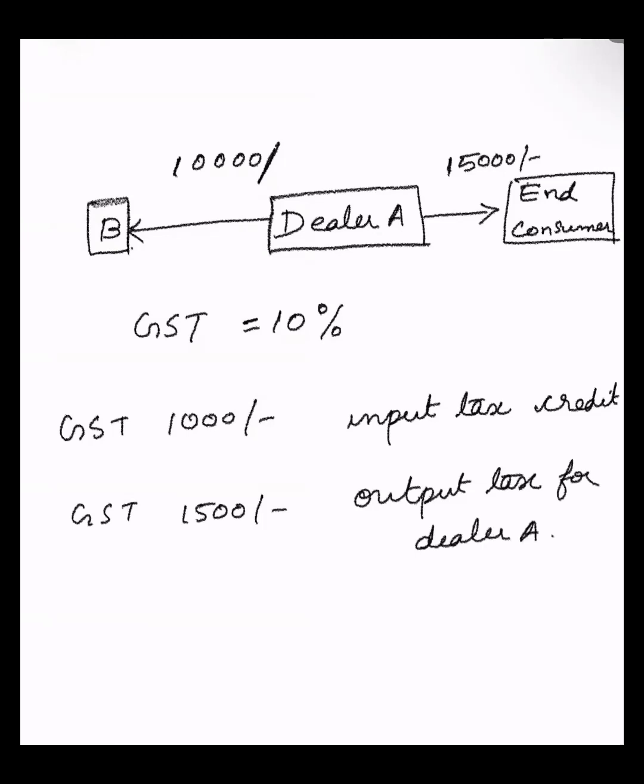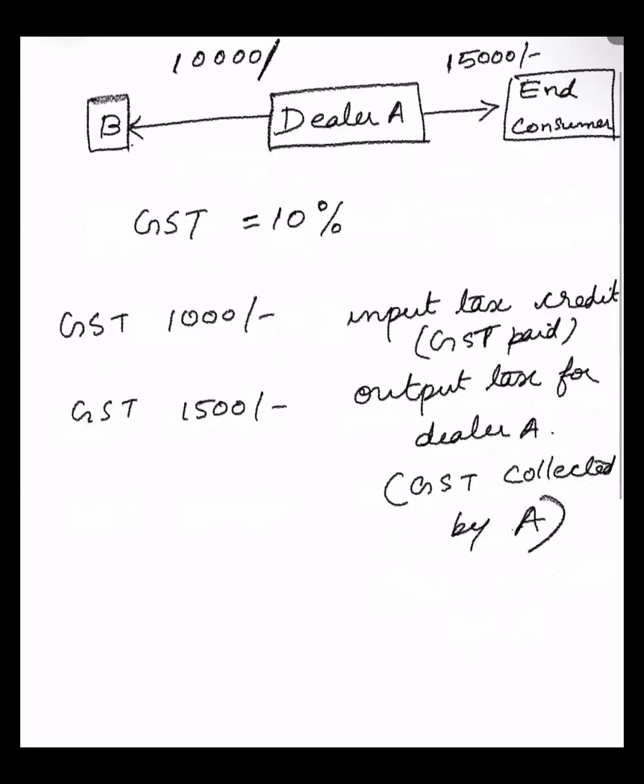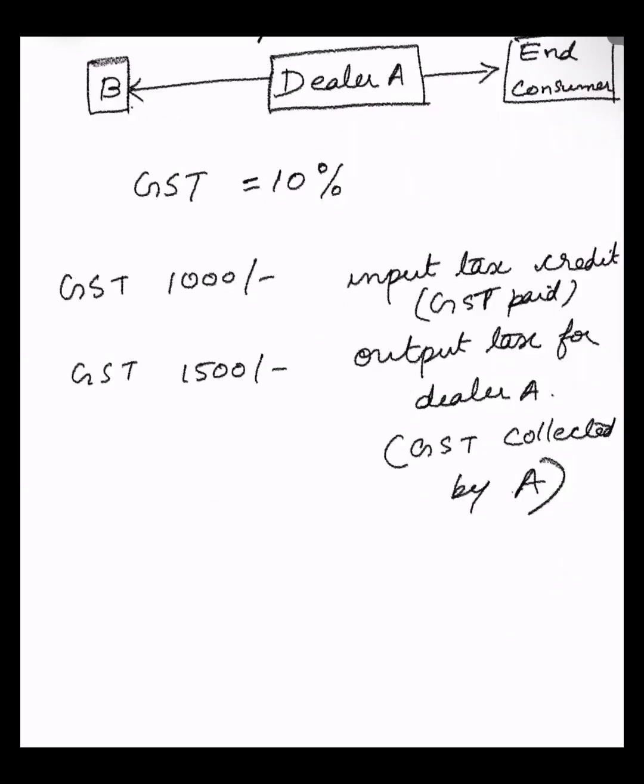Okay, so basically if you look at it, input tax credit is the GST paid by dealer A, and output tax is the GST collected by dealer A. What is the net GST that dealer A will deposit with government?